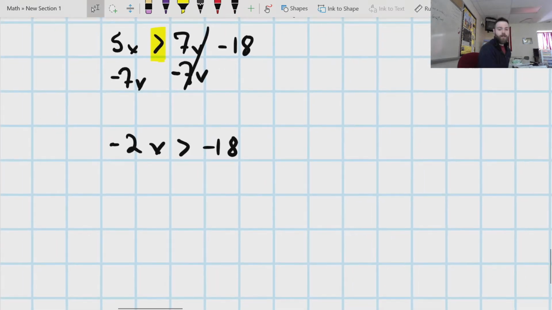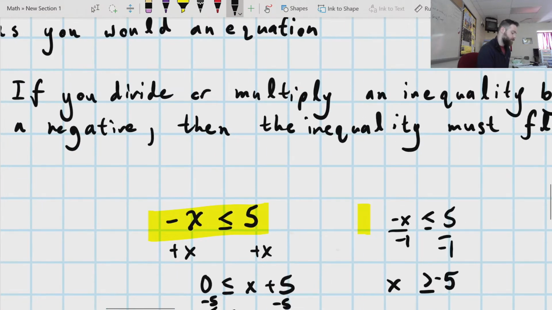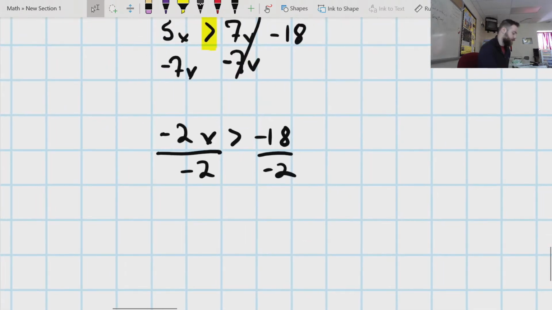And so right here, I have two options. I can either add 2v and then add 18, and then the inequality would be fixed, or I can divide both sides by negative 2, which I'm going to do. But I have to remember, just to refresh your memory, if you divide or multiply an inequality by a negative, which I just did, then the inequality must flip. So that's the first thing I'm going to do down here.